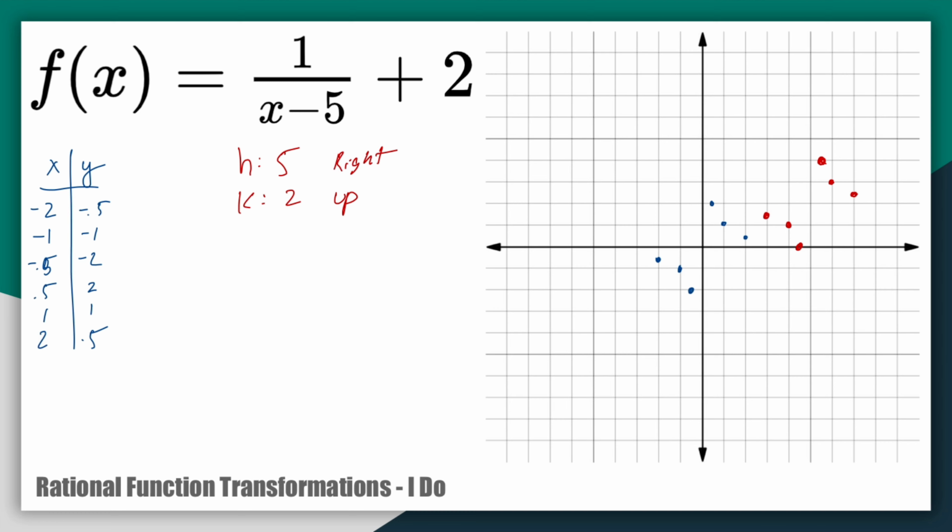Now, our asymptotes also moved. So especially when I do transformations, I like to put these in as dashes so I can see them, because that's at x is equal to 5. And then it moved also up 2 spaces, so I cannot cross these.